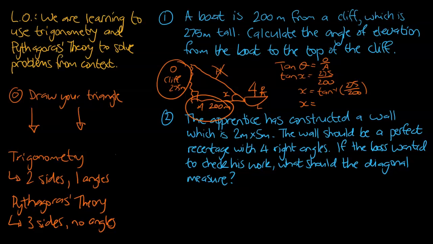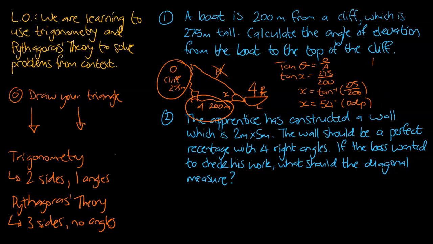So I'm going shift tan to get us tan negative 1, 275 divided by 200, close bracket, that is 54 degrees. And that there had a rounding of 0 decimal points, so rounded to the whole number there. So that there would be our angle of elevation. So in this type of question, it's probably customary to write a sentence, just to wrap up my answer.